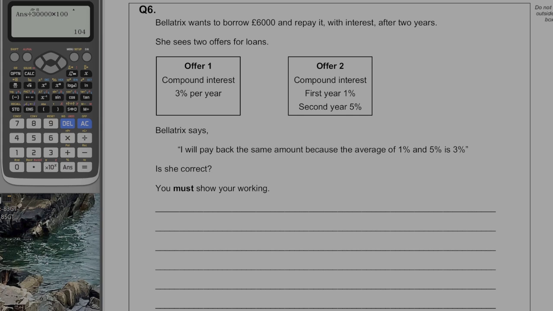So for this question, particularly for higher tier, this starting amount is irrelevant. We can just look at the multiplier. So for offer one, regardless of whatever the starting point was, compound interest of 3% would be a multiplier of 1.03.